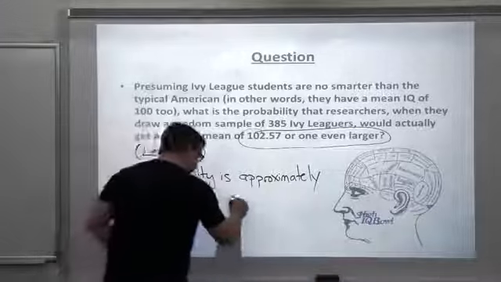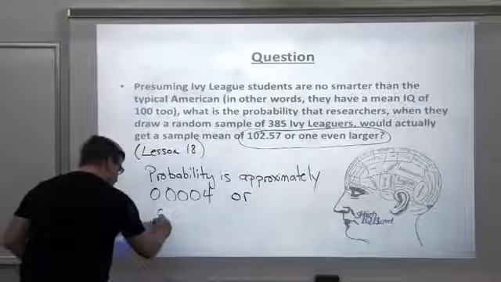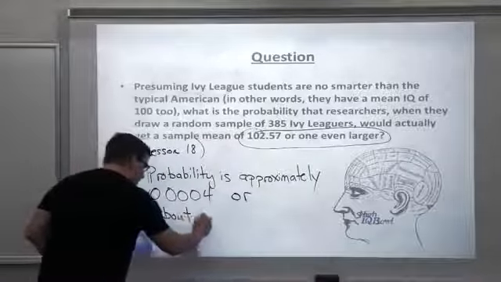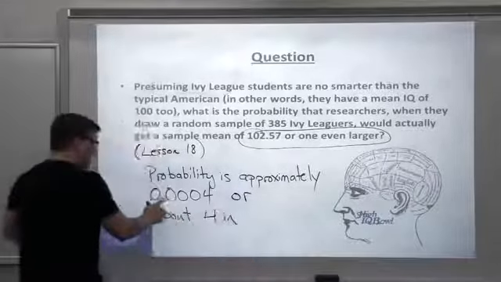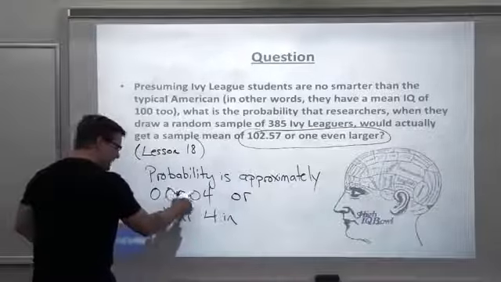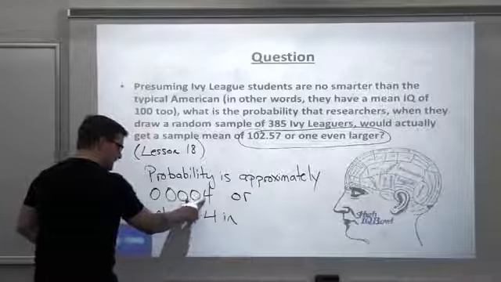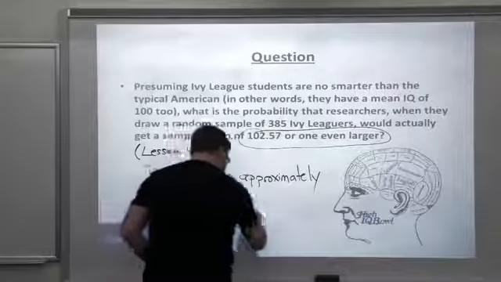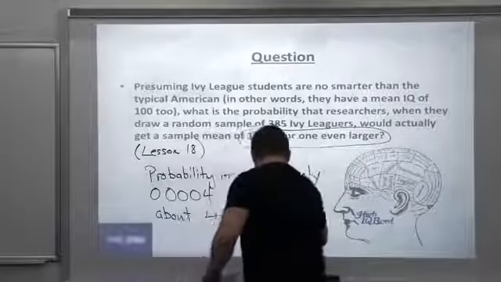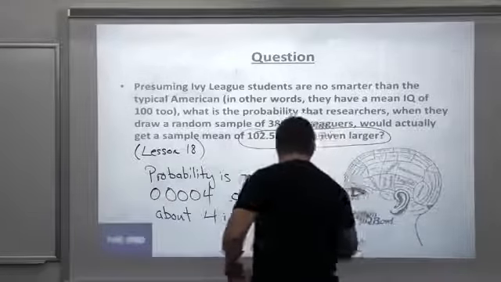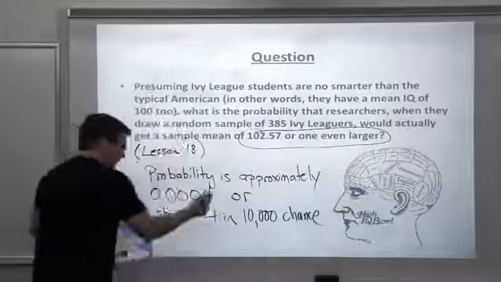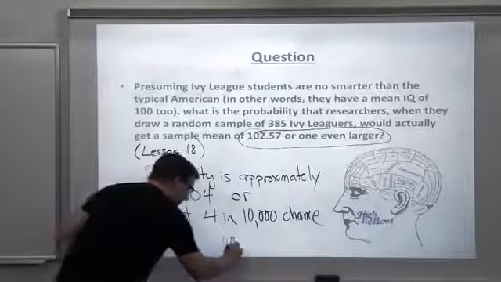If we think of that, let's see, that is about 4 in 10, 100, 1,000, 10,000, right? This is about a 4 in 10,000 chance. Well, it's about a 1 in 2,500 chance.